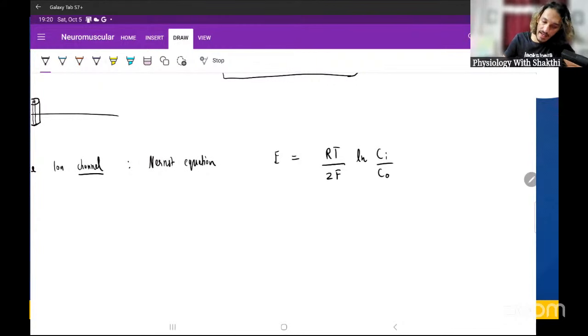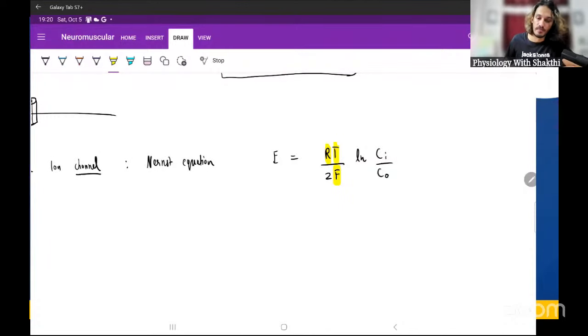So this F is basically your Faraday's constant. R is your gas constant. T is your temperature. In a human body, what are we concerned with? 37 degrees Celsius. That is your body temperature that is always maintained. So this whole thing at 37 degrees Celsius, you know, is a constant value.